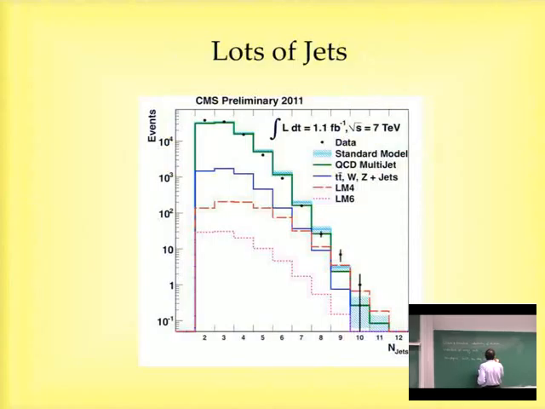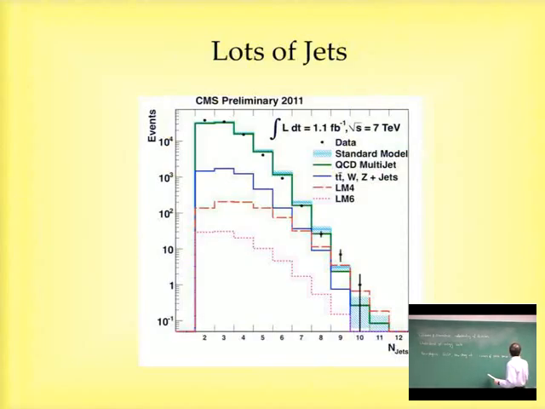And in those corners, you're going to have backgrounds from the standard model. And our role, of course, is to make sure that we can predict those backgrounds as well as possible.